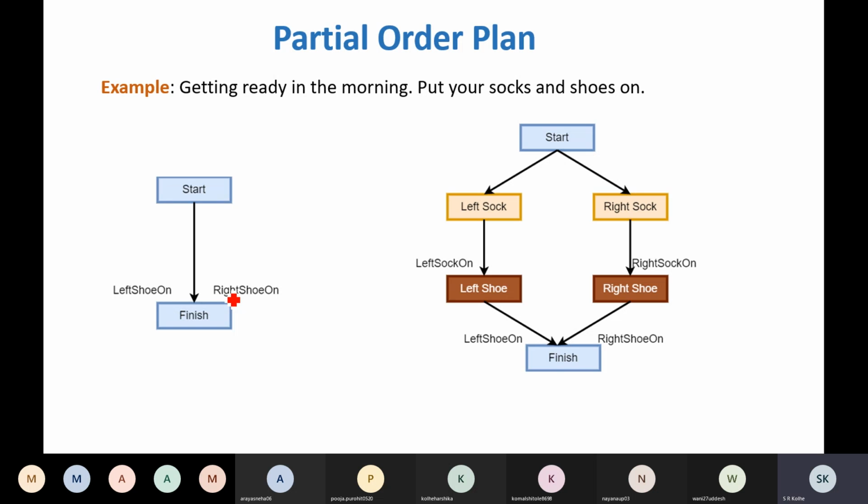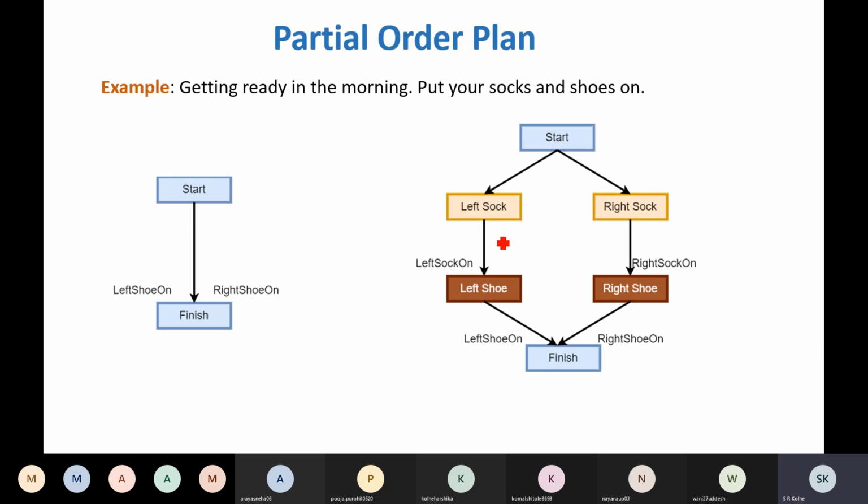This can be done by performing several sub steps. First you wear the left sock, then the left shoe, or you wear the right sock, then the right shoe.